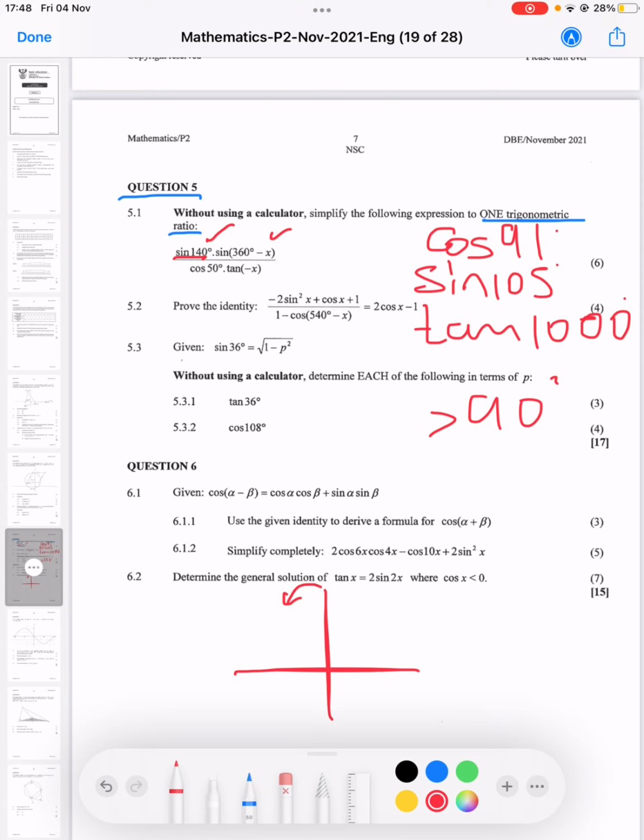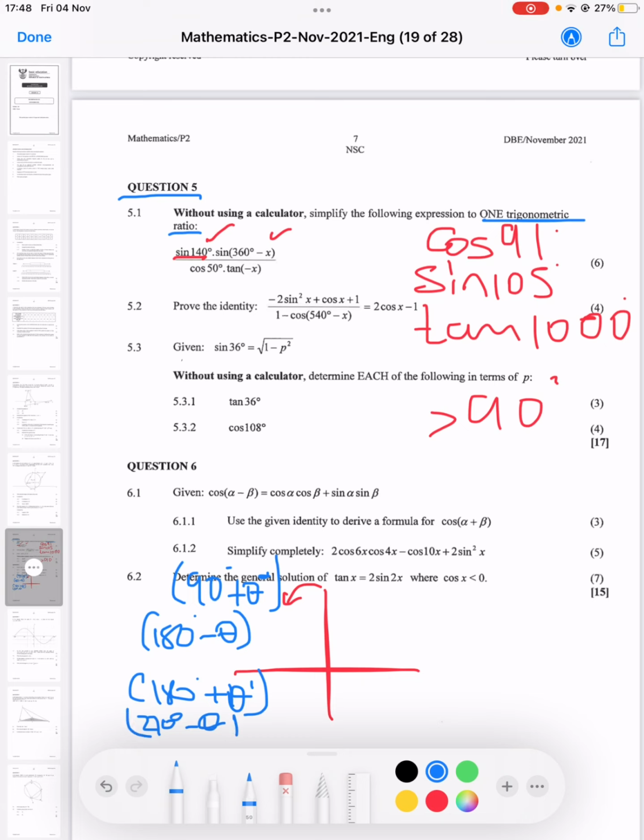How do you reduce it? That's when you use reduction formulas. What are the reduction formulas? It is 180 degrees minus angle theta, otherwise 90 degrees plus angle theta, or 180 degrees plus angle theta, otherwise 270 degrees minus angle theta, and so on. 270 degrees plus angle theta takes you to this quadrant, and you also have 360 degrees minus an angle, which takes you to the fourth quadrant.